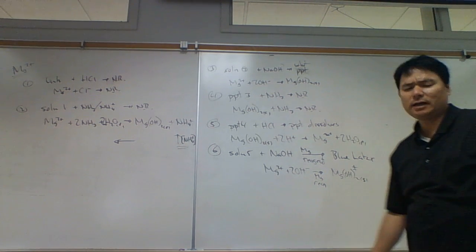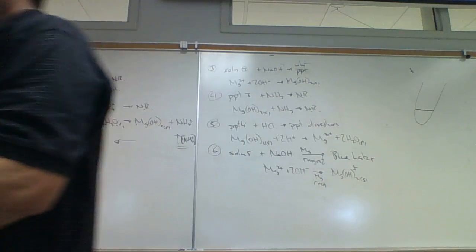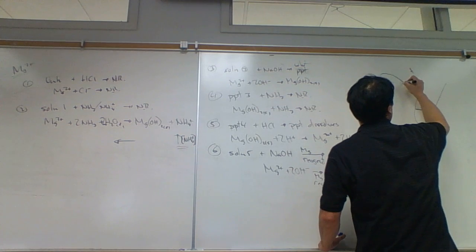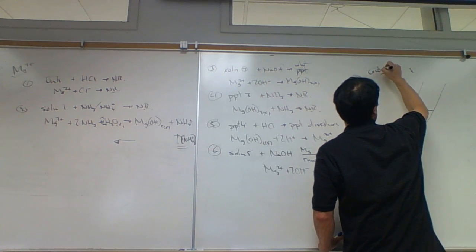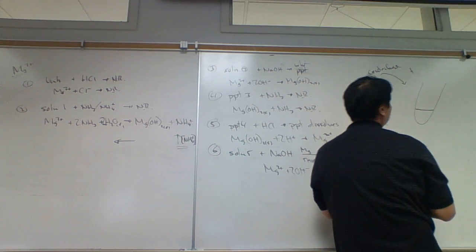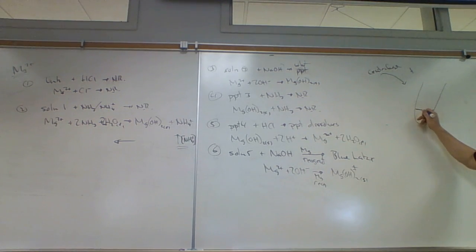A blue lake precipitate is going to be like a gelatinous precipitate. In order to see it, you have to centrifuge. When you centrifuge the test tube, it will pack the precipitate down at the bottom of the test tube, which is just a gelatinous precipitate.